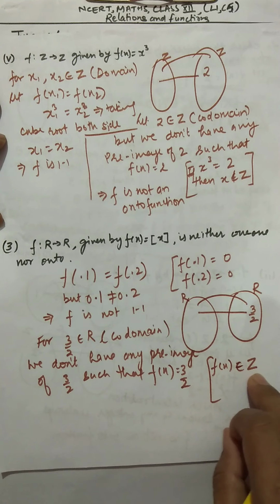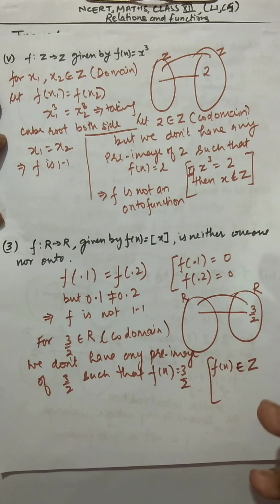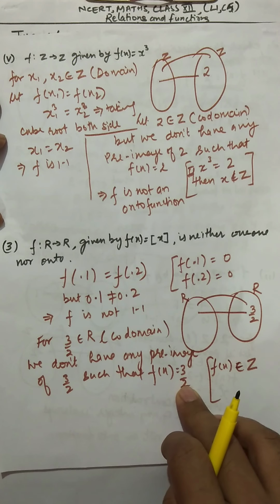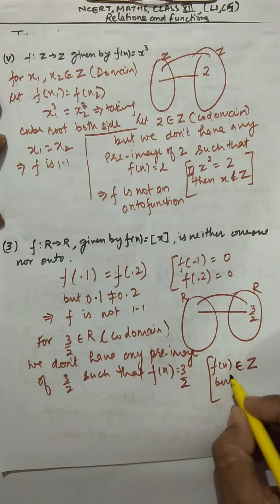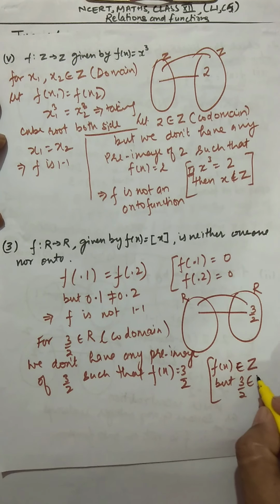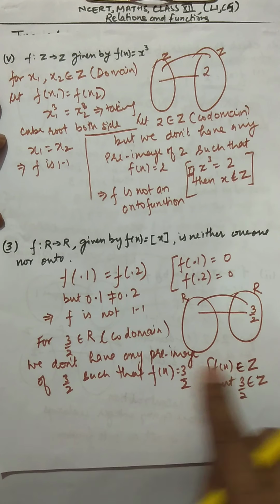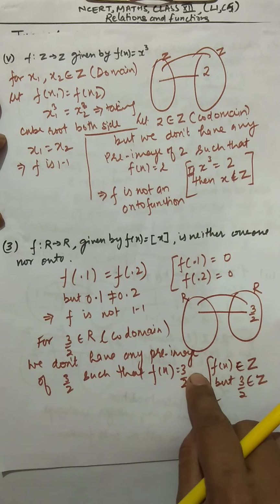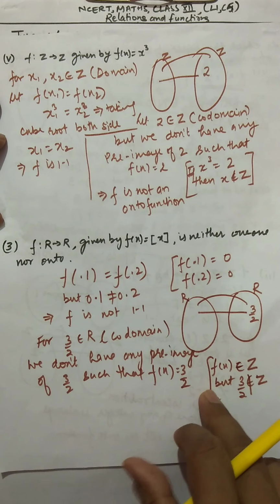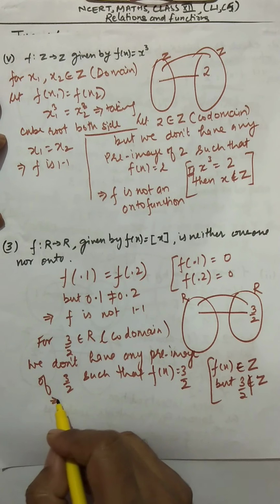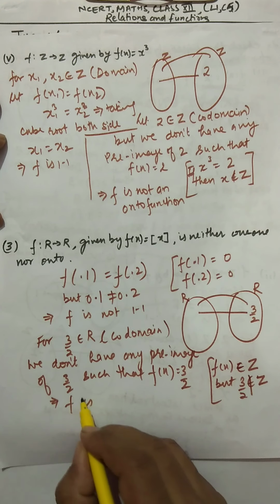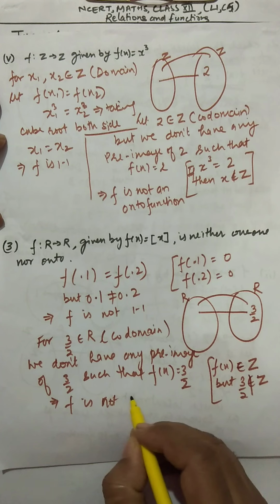Every time you will get the answer of f(x) as some integer, whether it is 1, 2, 0, -1, whatever. But 3/2 is not an integer, so 3/2 does not belong to Z. If the left-hand side belongs to Z and the right-hand side does not, then it simply means both sides cannot be equal. So your argument is good enough to show that f is not an onto function.